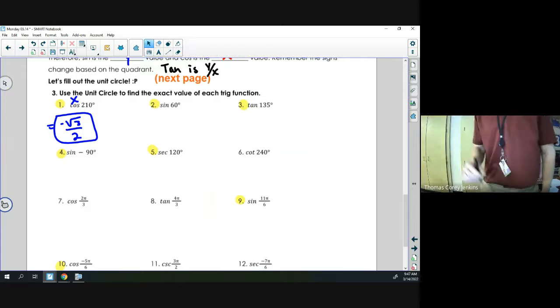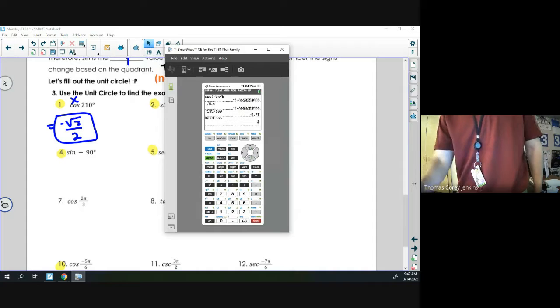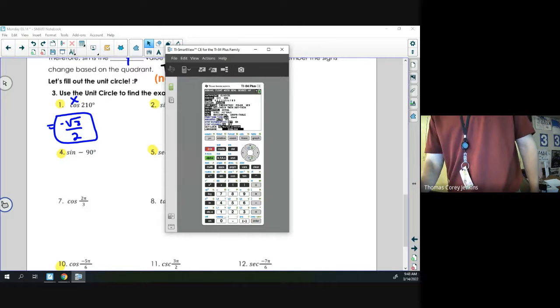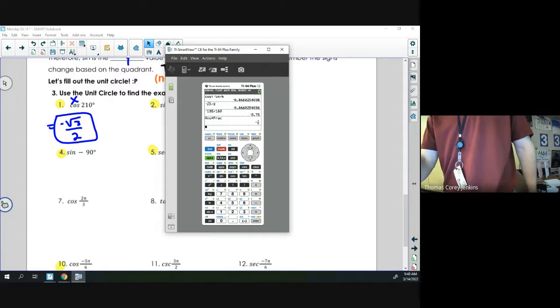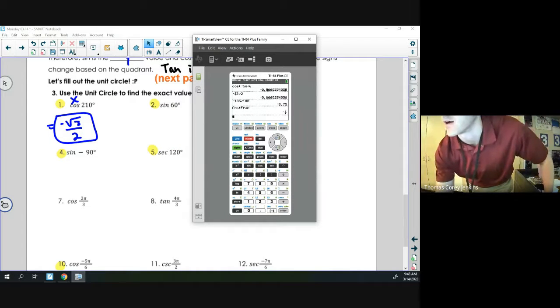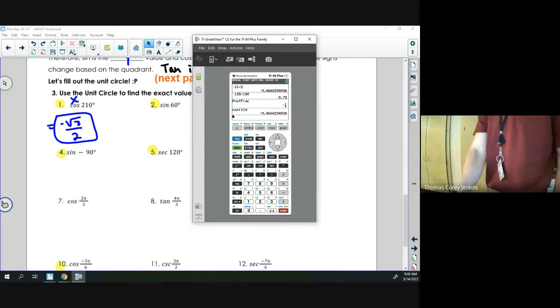Now, before we go on, you might wonder why would I need to use this unit circle and not just type it in? So what if I just type in cosine of 210? Then I get that. You know how to type it in, but do you know what that is exactly?